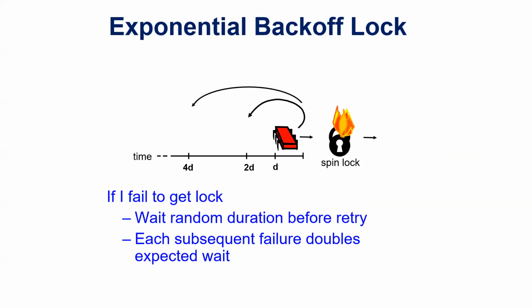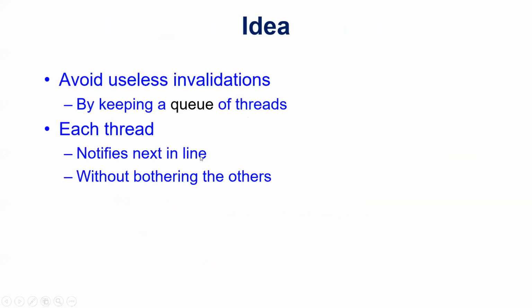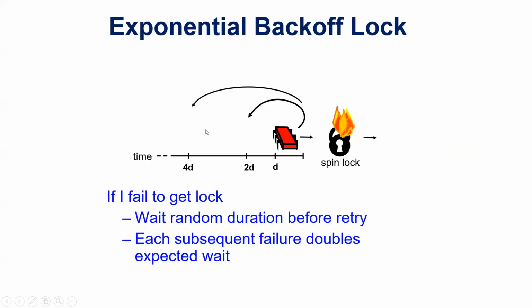This is exponential backoff. But exponential backoff has some problems. One of the main problems is that we need to tune the parameters according to the particular machine, and it is not portable across all platforms. These are the main problems with the previous locks.